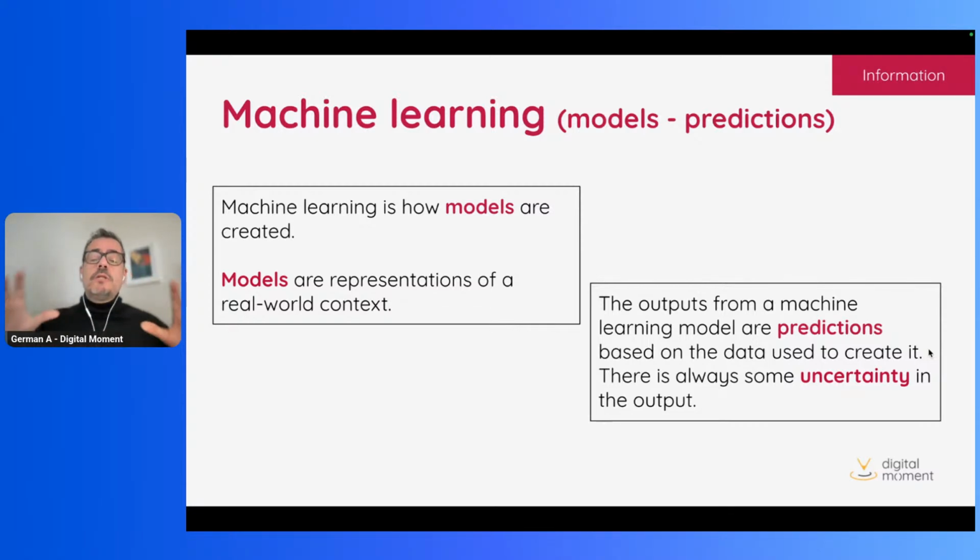It has a representation, and given certain conditions, it is going to make a prediction of what is going to happen or what it expects to happen, and it will make that prediction giving us an uncertainty level. This is how sure I am, or this is how unsure I am. And that prediction is going to help us make a decision. So the idea of machine learning is this system that is going to create models, representations of the real world, that are going to help us make predictions with a certain level of certainty or uncertainty.